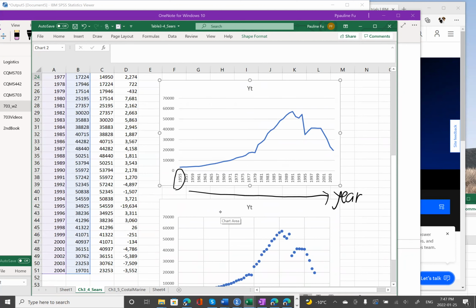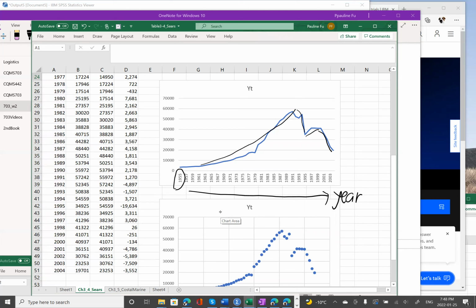So it looks like the data increases from 1955, and at about year 1990 it decreases. Then around 1995 it goes up again, and then from 2000 it goes down.